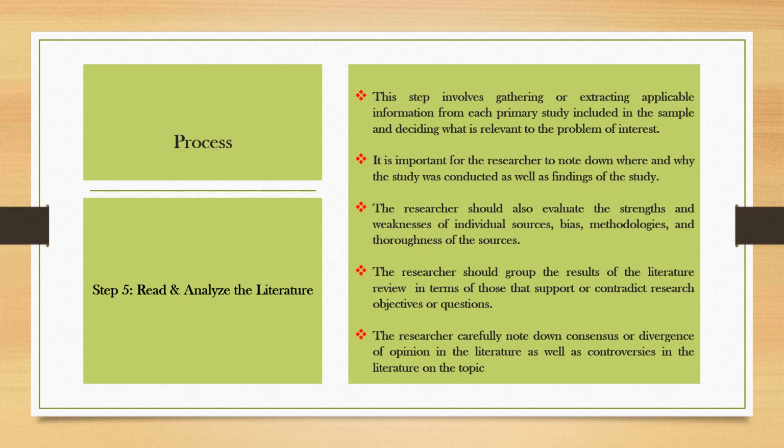Here, as a researcher, you're required to write down what you have gathered, clearly specifying what the study was about, where the study was done, the method of sampling that was used, and the findings of the study.